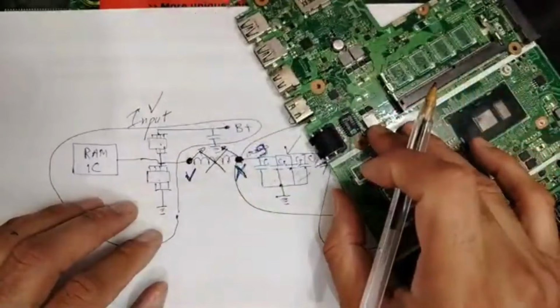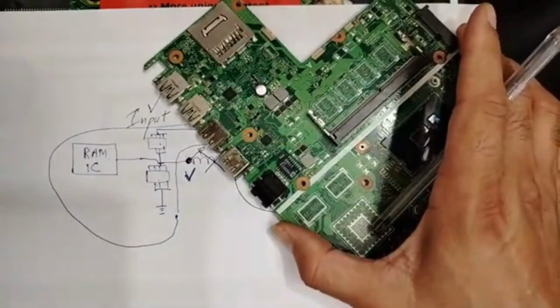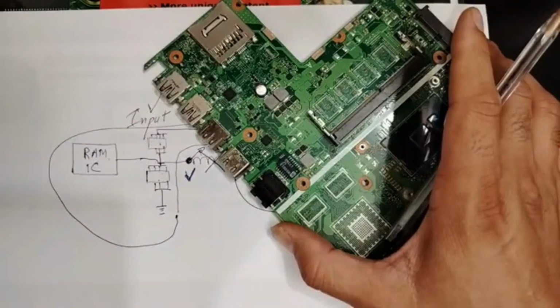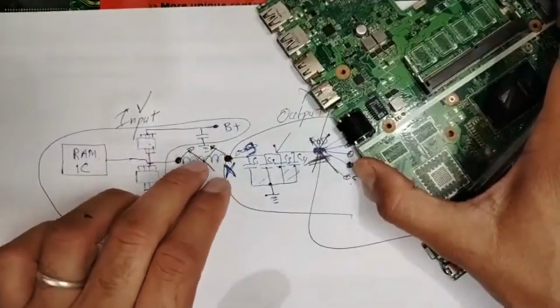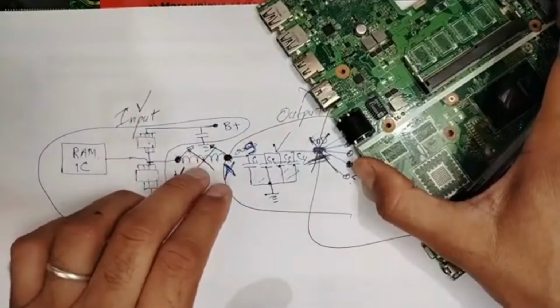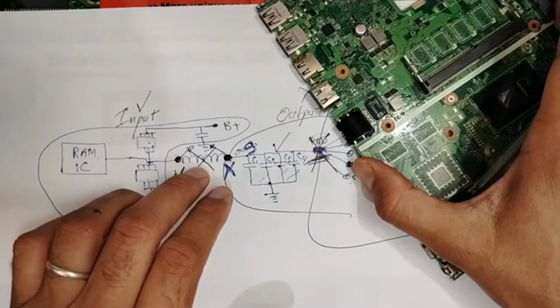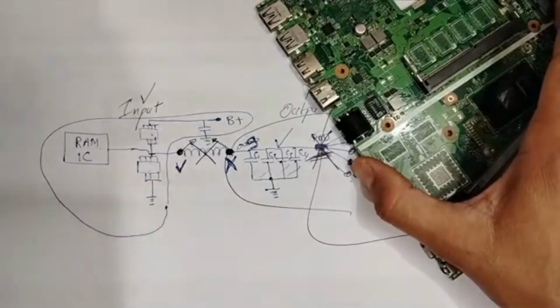We will use the same process for many motherboards. I have a lot of shorted motherboards here. We will use the same process, and you will understand and learn the power of this process in the other motherboards.